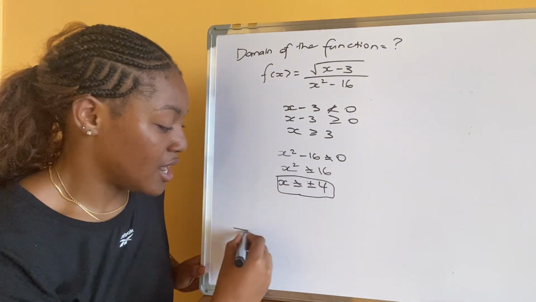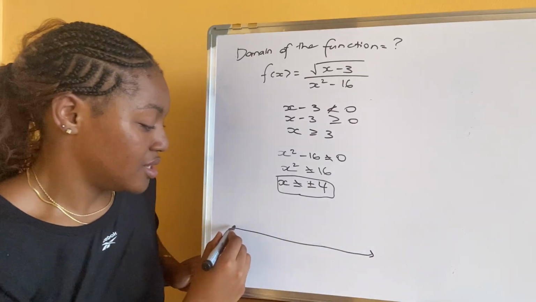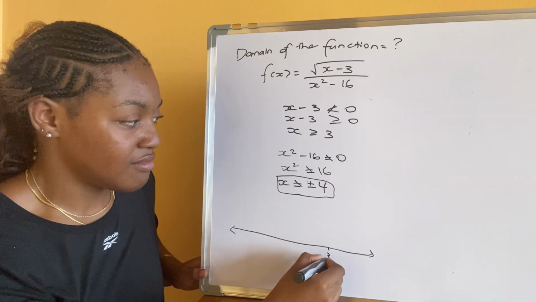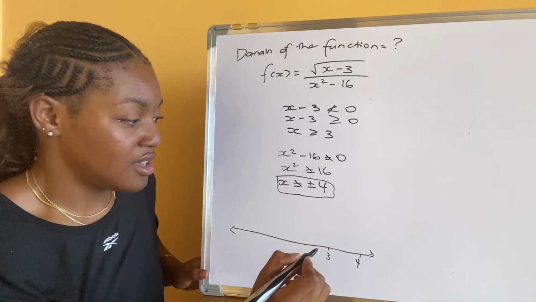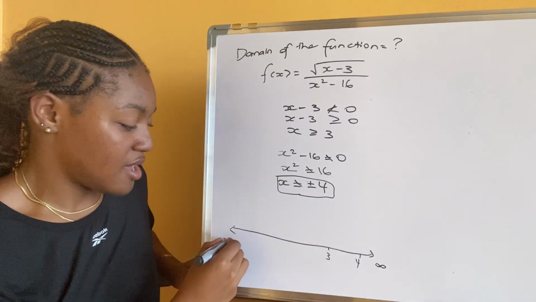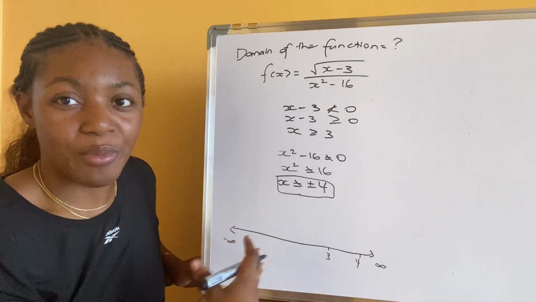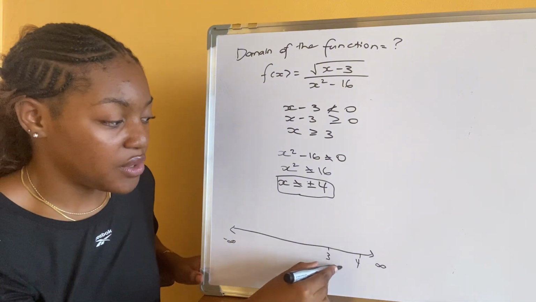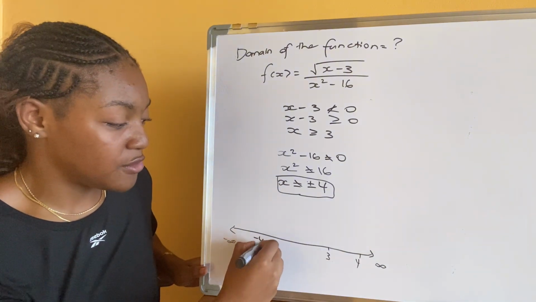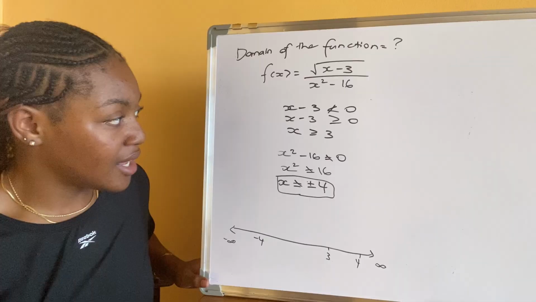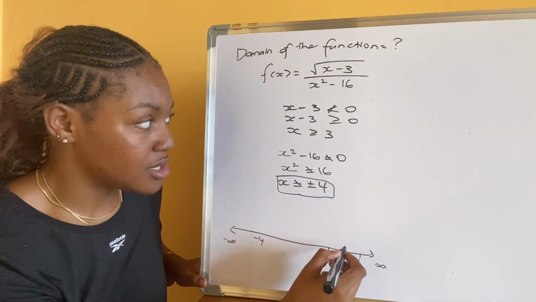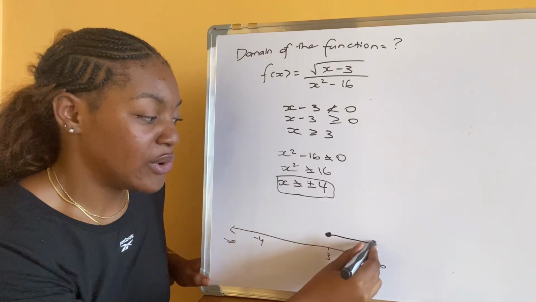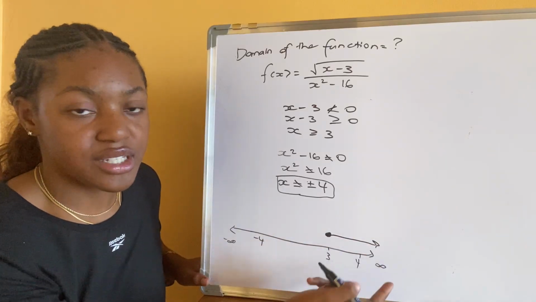So let's draw a number line to represent this. So we have 3, we have 4, and we're gonna have negative 4. This is our number line of real numbers, so we have negative infinity, positive infinity. x should be greater than or equal to 3, so we're gonna have the shaded circle to show that 3 is included, and we're going in the infinity direction.